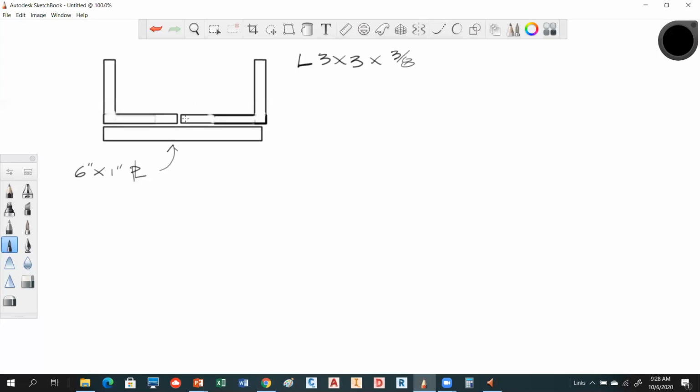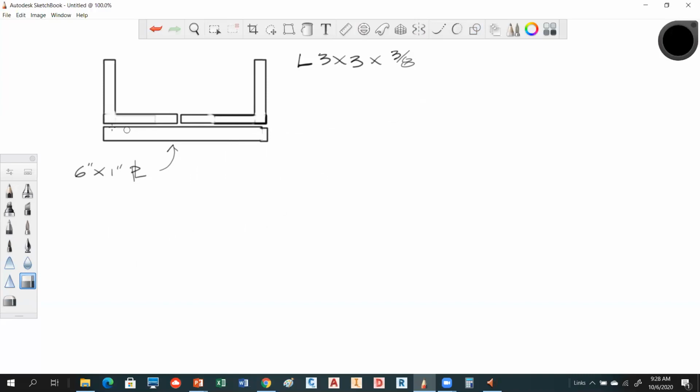So what that's saying is this leg is 3, that leg is 3, and this width here is 3/8. Our plate is 1 inch. This is supposed to be perfectly symmetric on that thing. It's kind of hard to draw this thing, but I think you get the idea. Those little pieces, we're going to fasten on there so they would be sitting flush.